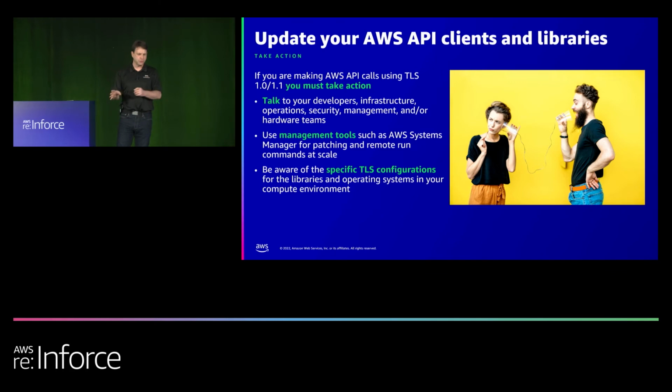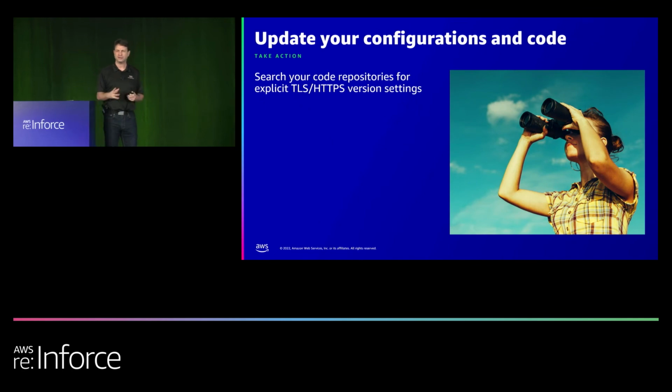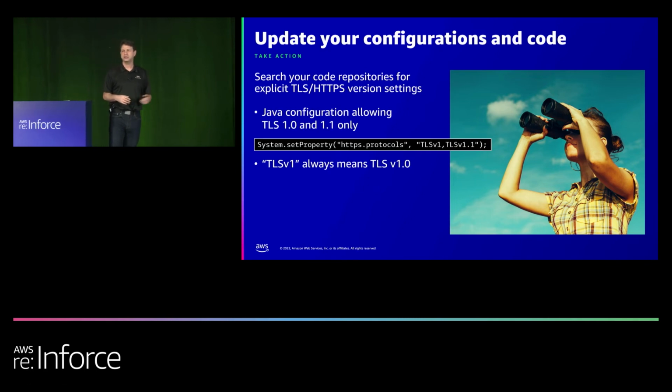And I'm going to show you now, I mentioned that you can have specific TLS configuration. So this is kind of an awkward thing if you're not a developer and you never thought about this before. We've talked a lot about the client, but you can override the settings of the client. So this is an example in Java. Let's say you've got a completely up-to-date version of Java, the most recent build of Java, you've got the most recent SDK for your application environment, and a developer goes in and does this. They set this system property.